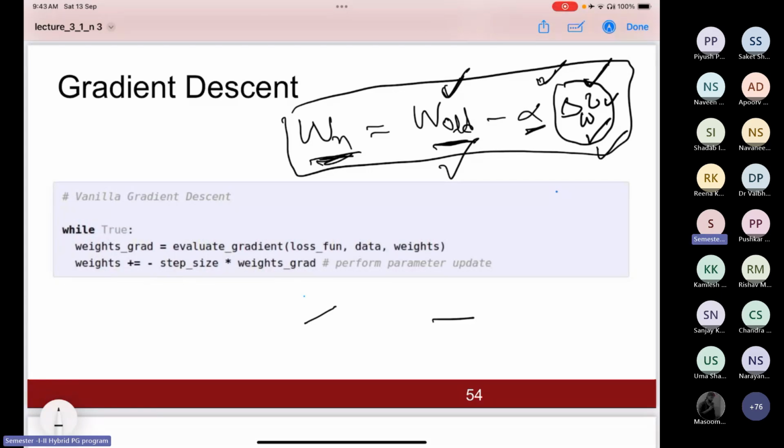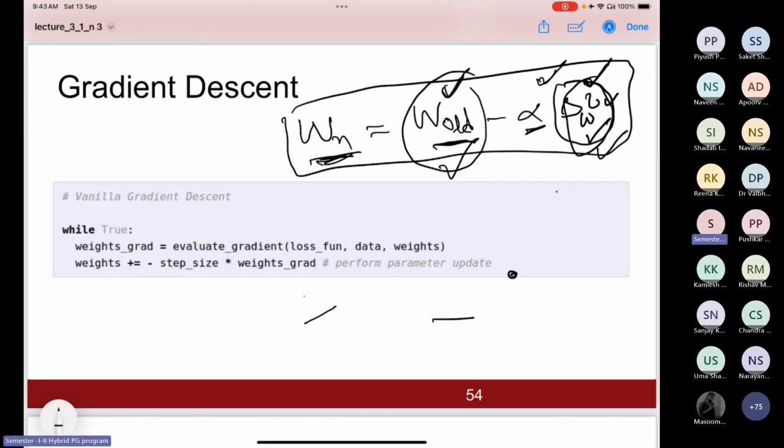The second thing is, while doing it, maybe one sample would be a naughty guy, or a bad guy. If one sample is bad, that may affect the gradient, and that may also affect the W.